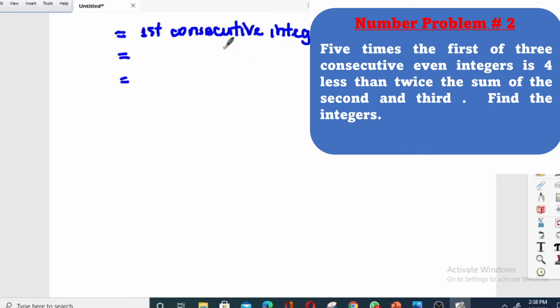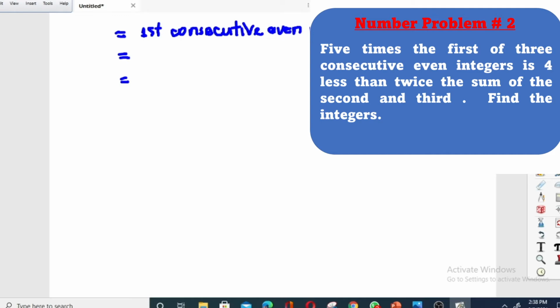Consecutive means series. Consecutive even, sorry, this should be even integers.